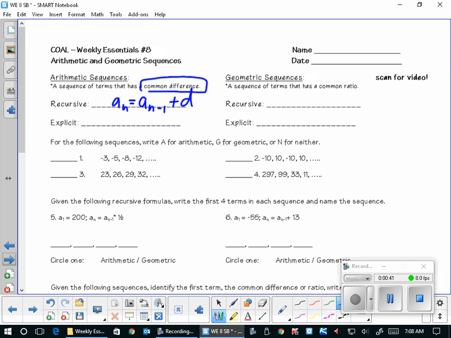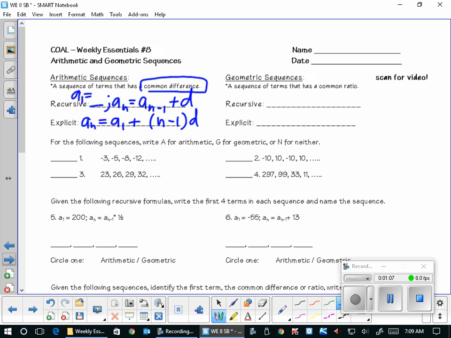Now that's what's given to you in your formula sheet, but remember, you always need to write the first term also. So you need to write a sub 1 equals blank, a sub n equals a sub n minus 1 plus your common difference.